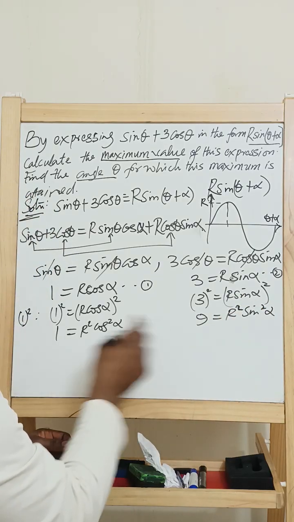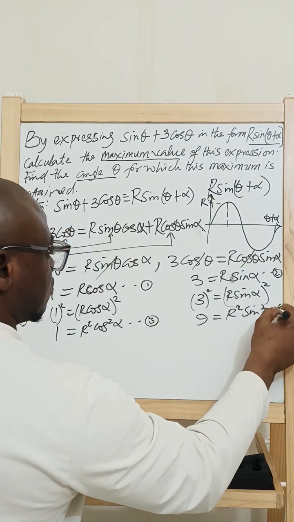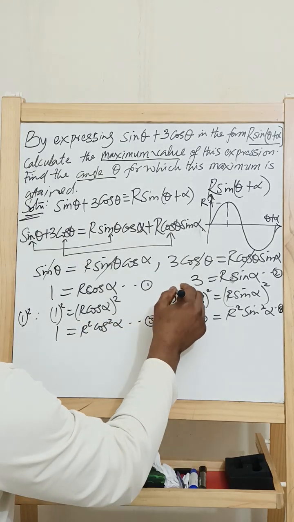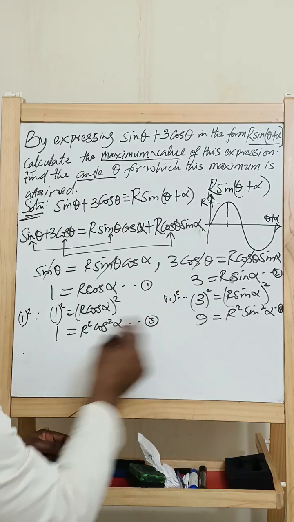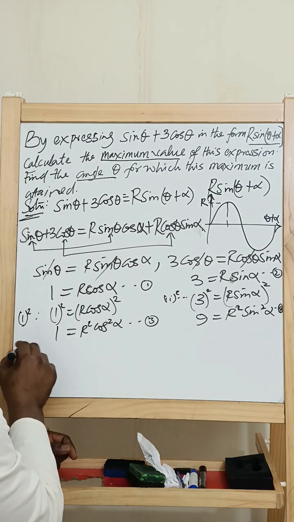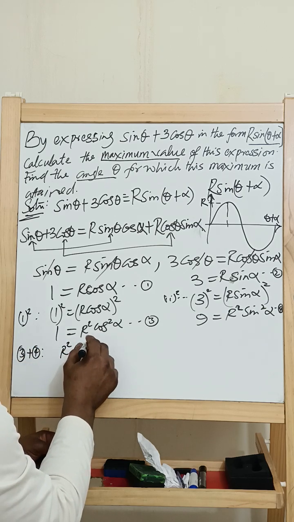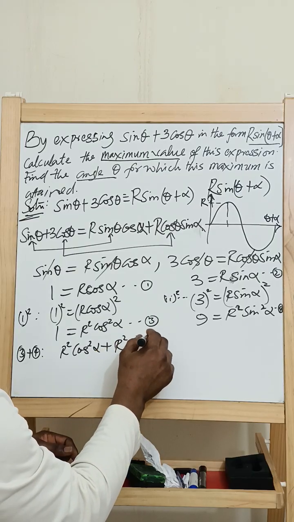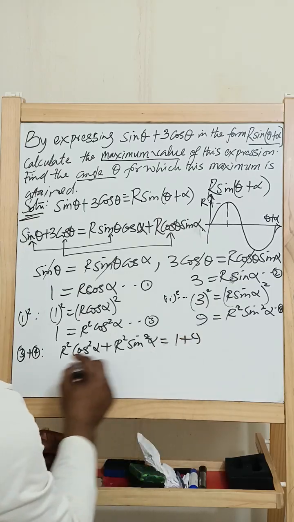Let's call these equations 3 and 4. Adding equations 3 and 4, r squared cos squared alpha plus r squared sine squared alpha equals 1 plus 9.